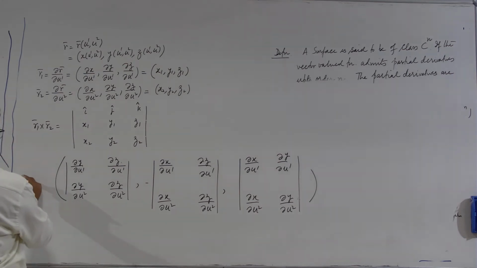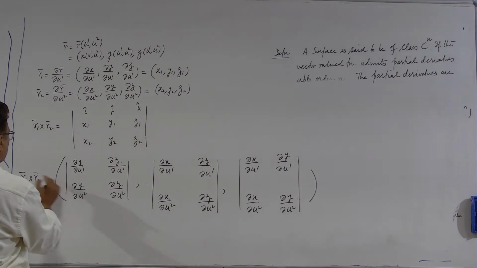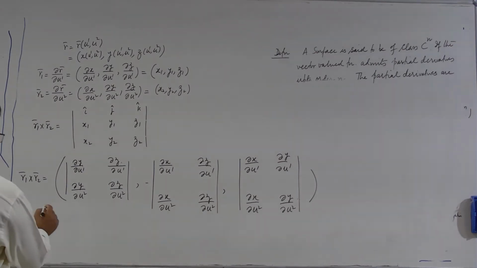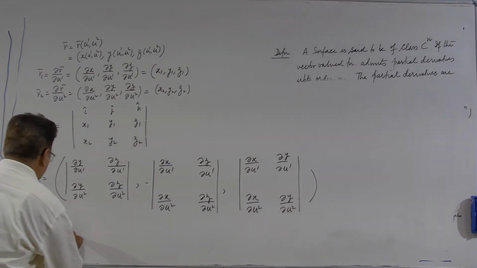Now, if you are demanding that this vector should be non-zero, then this will be non-zero when at least one of the Jacobians is non-zero. There is a shorter notation for these Jacobians.